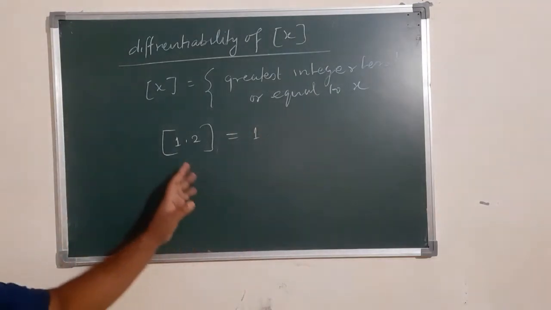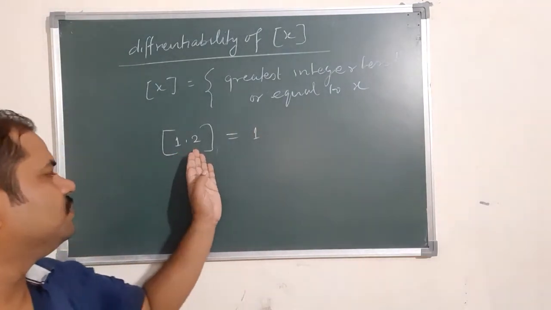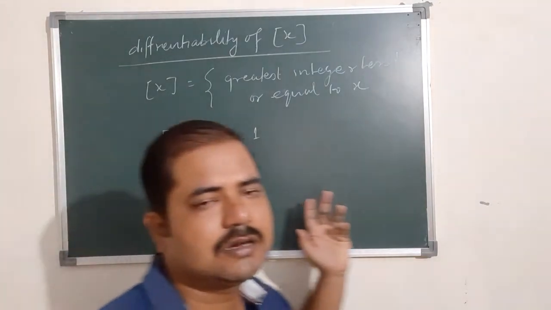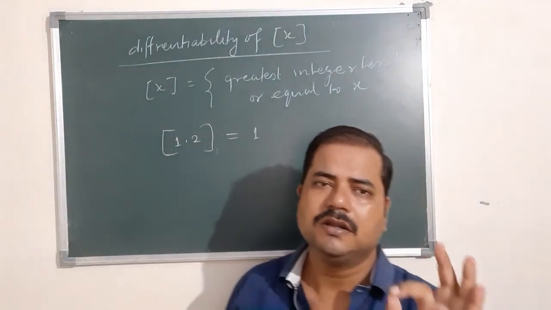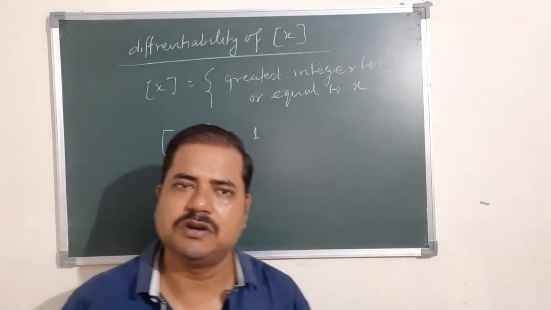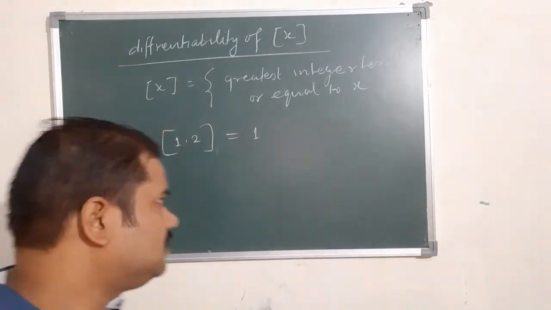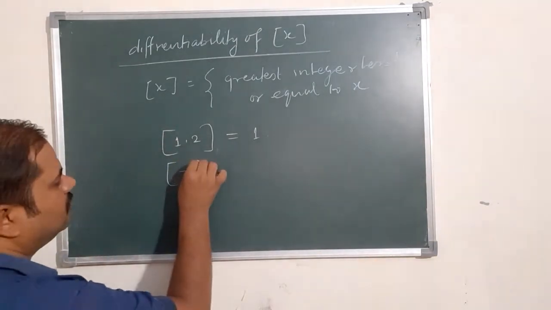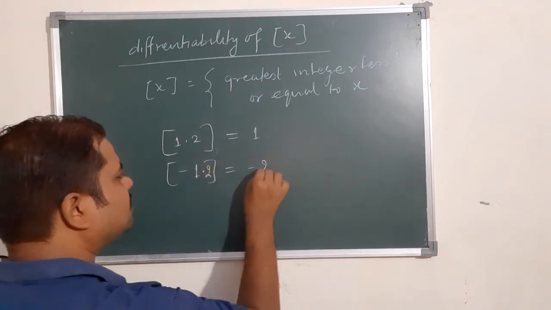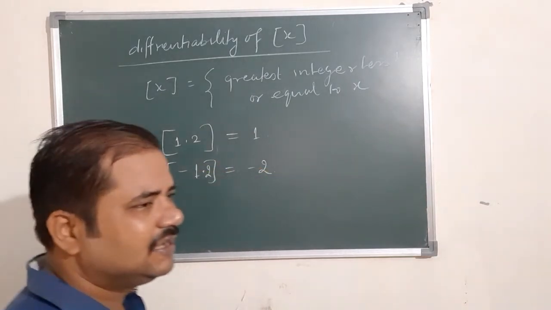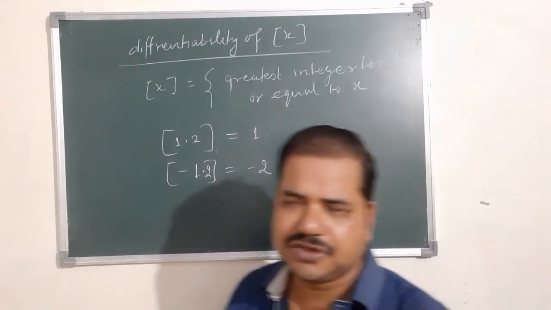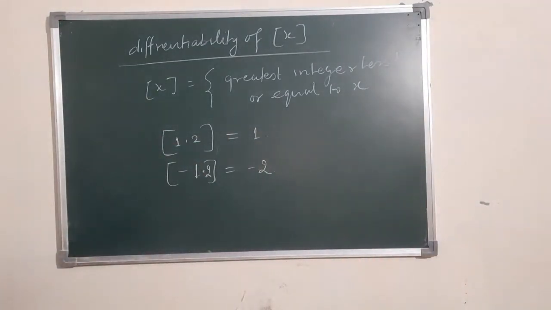Why? The greatest integer less than or equal to 1.2 is 1 only. Suppose this is −1.2, then [−1.2] is −2, because the greatest integer less than or equal to −1.2 is −2. So this is the definition.